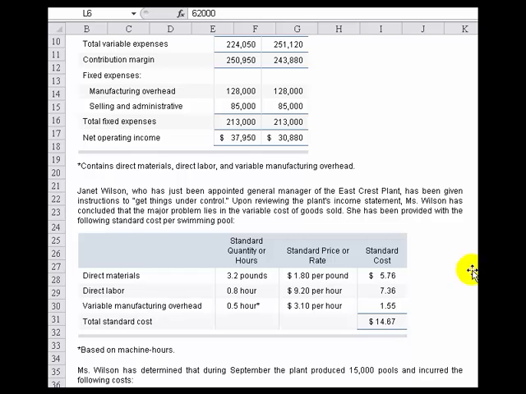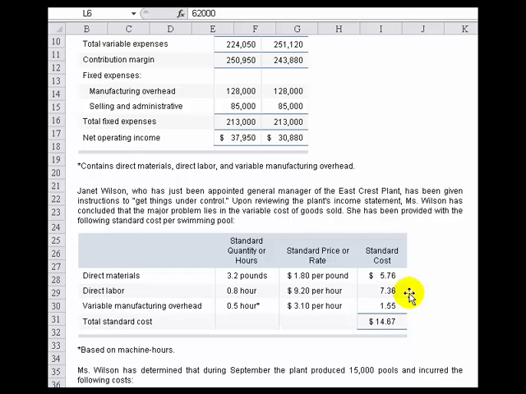Okay, so direct material per pool takes 3.2 pounds at $1.80 per pound, and when we multiply that across, we get $5.76 per pool for direct materials. We get $7.36 for direct labor, based on 0.8 hours of labor required to make a pool at $9.20 an hour.